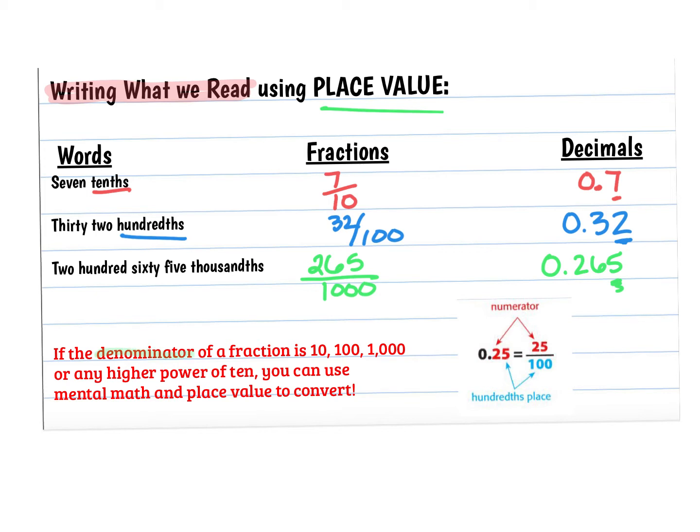If the denominator of a fraction is 10, 100, 1,000, or a higher power of 10, 10,000, and so on, you can convert using mental math using that place value chart. So if I read this decimal as 25 hundredths, I know I can write it over 100.